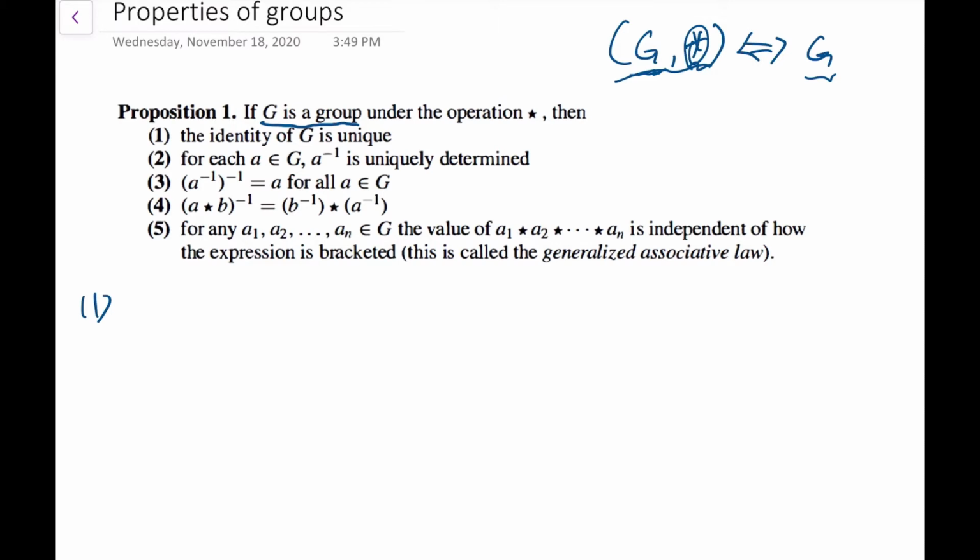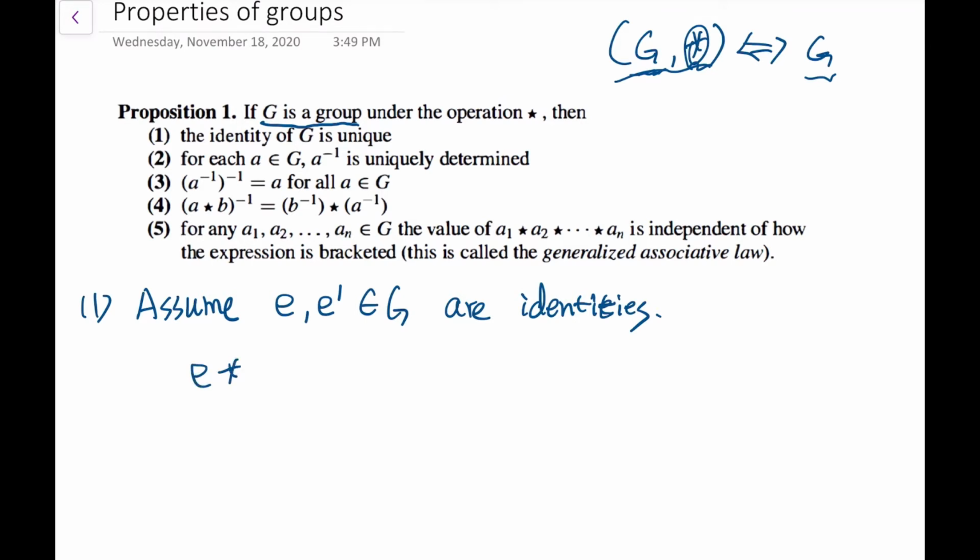So we can do this here, and so we just assume E and E prime in the group G are both identities. Okay. Then what we want to do is to prove that those 2 identities are actually the same. In order to do that, we can do the operation between them, and it looks like this.